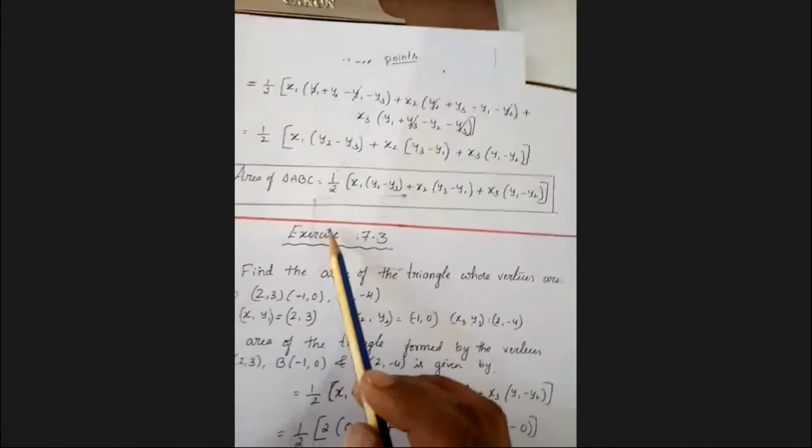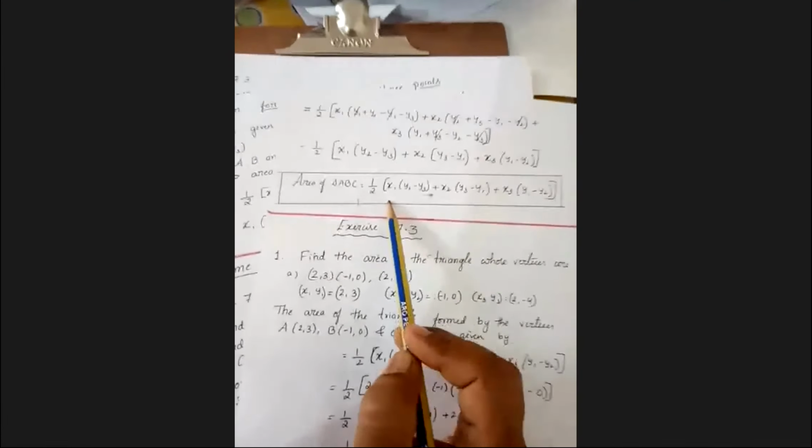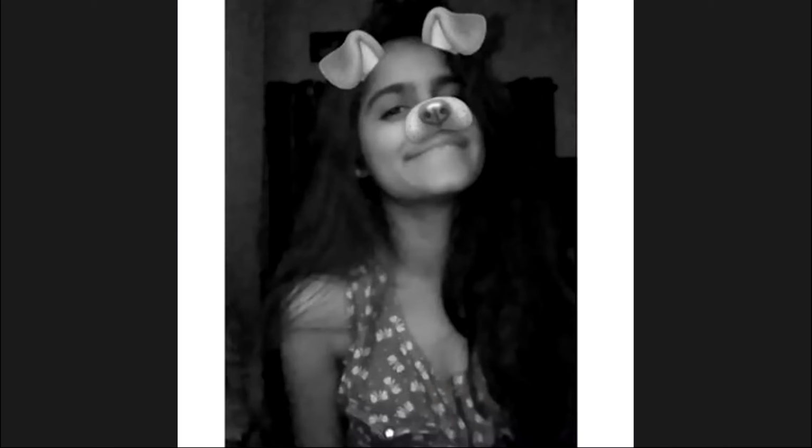Here one thing, any doubt in this formula, children? No, ma'am. Am I clear to everyone? Here plus x1, y1 minus x1, y1 gets cancelled. Minus x2, y2 plus x2, y2 cancelled. Plus x3, y3 minus x3, y3 cancelled. Am I clear here?